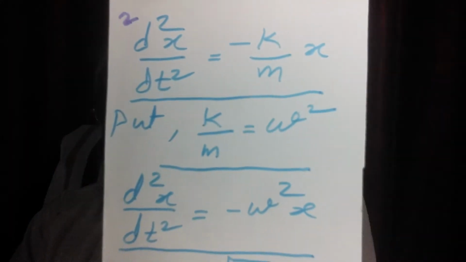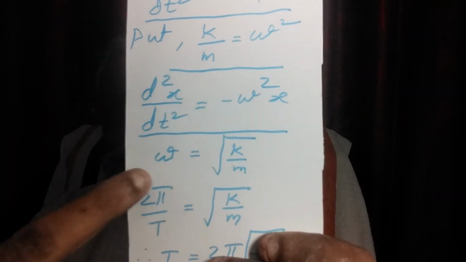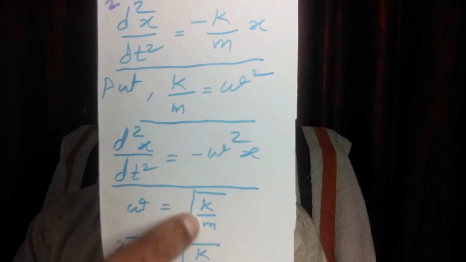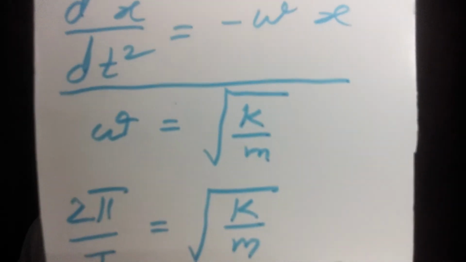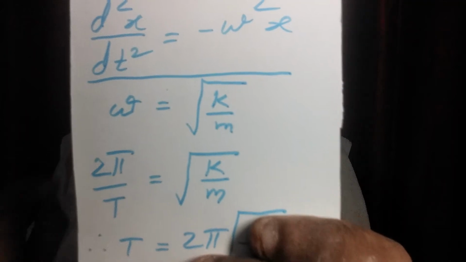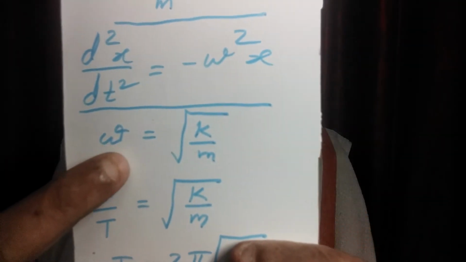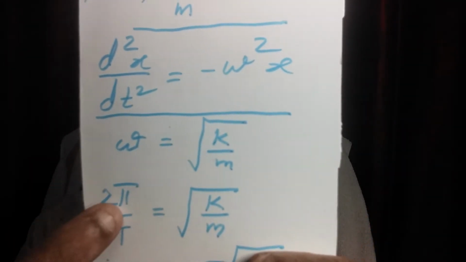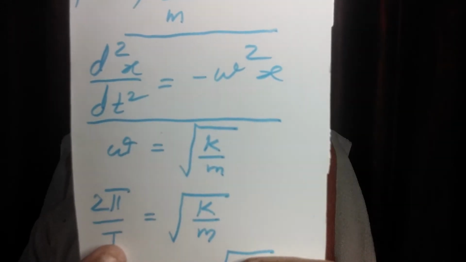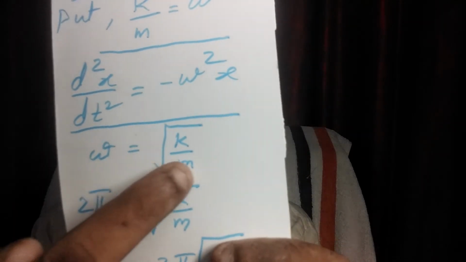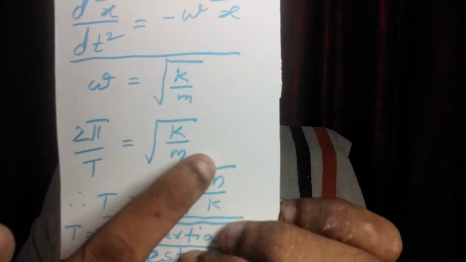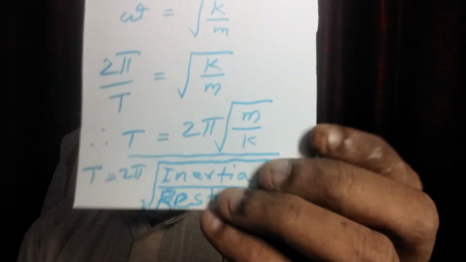Here, omega square equals k by m. That means omega is the square root of k by m. It can be shown that omega is equal to 2 pi divided by the periodic time of vibration T, so T equals 2 pi divided by the square root of k by m, from which T equals 2 pi root of m by k.